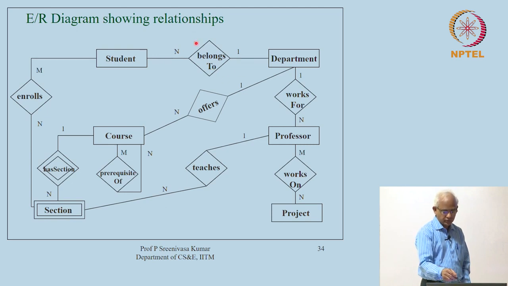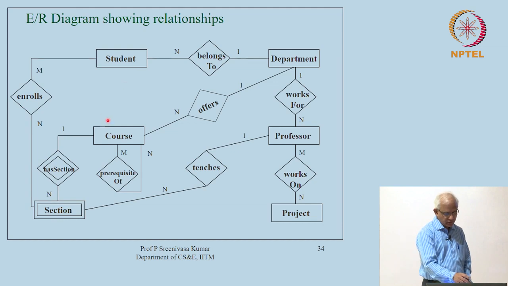Likewise, if any relationships have attributes, we have to show all of them. Just because the slide will get cluttered, I have shown these entities separately, and I am now showing the relationships alone. Normal ER diagrams will have all the attributes written here also.